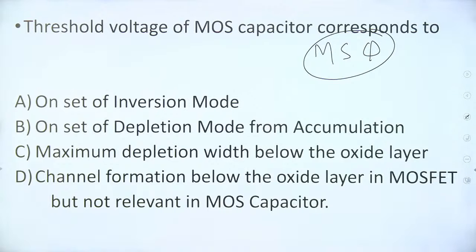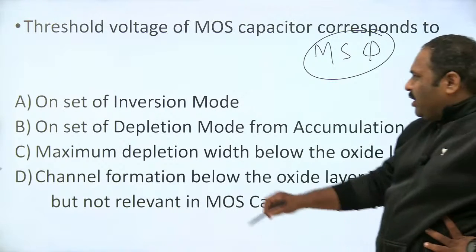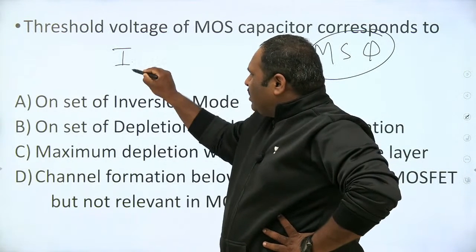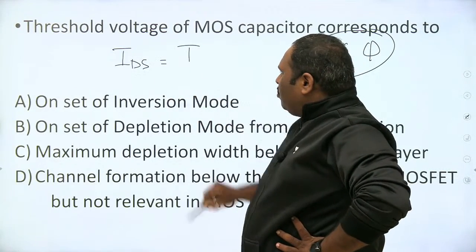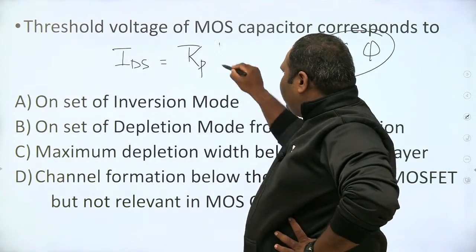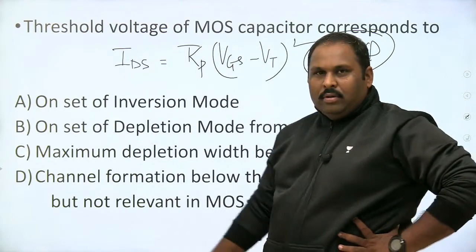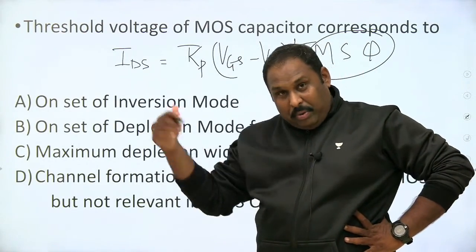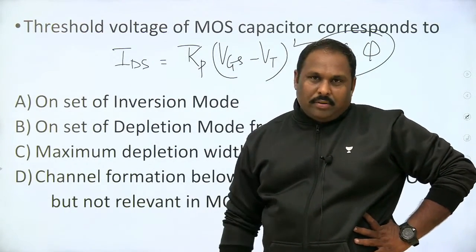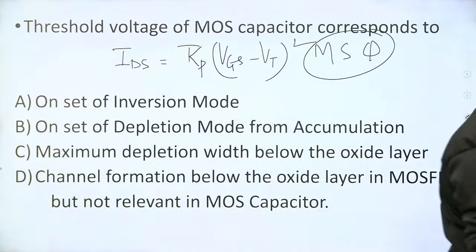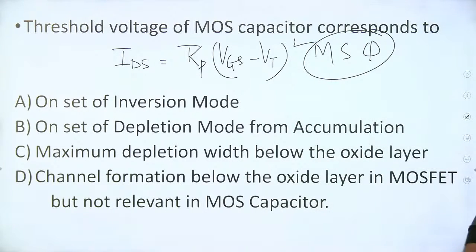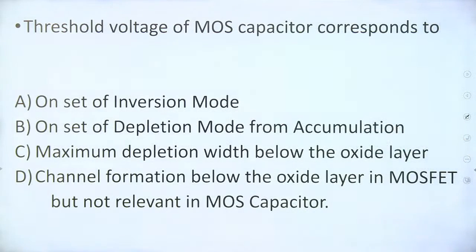Because yesterday I was doing some problems, VGS minus VT, IDS is equal to something like Kp into (VGS minus VT) whole squared. So in the MOSFET I definitely discussed threshold. So do you think it's not relevant in a MOS capacitor? Answer. It's a multiple selection question.